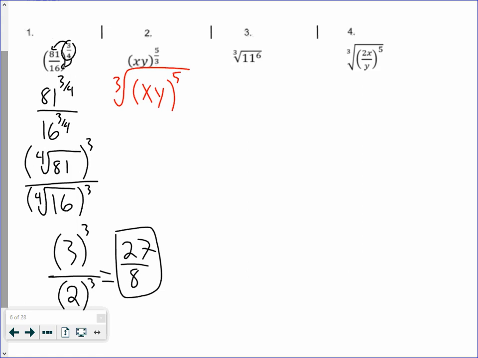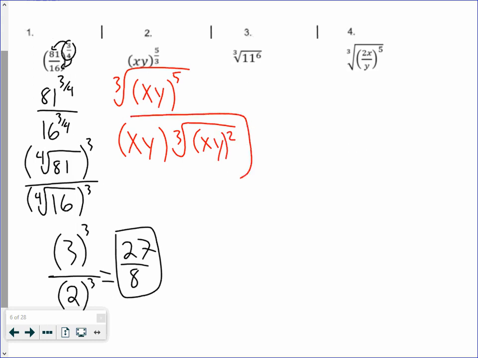We have 5 groups of xy's underneath the radical, so we take out one group of 3 of those. And when we do, we're left with 2 groups on the inside. You can't reduce it anymore from here, so that's going to be our answer.